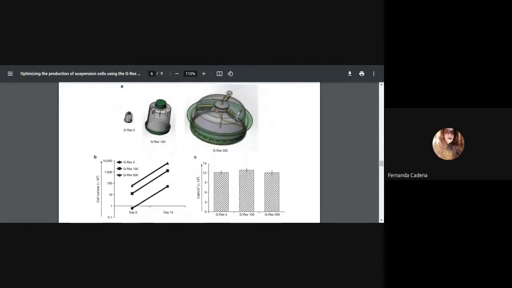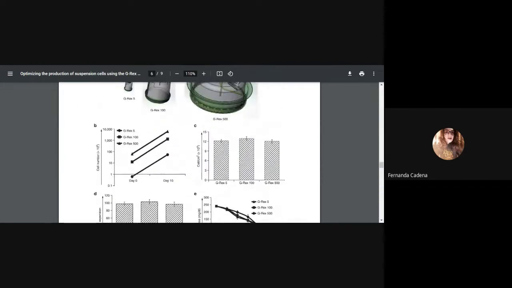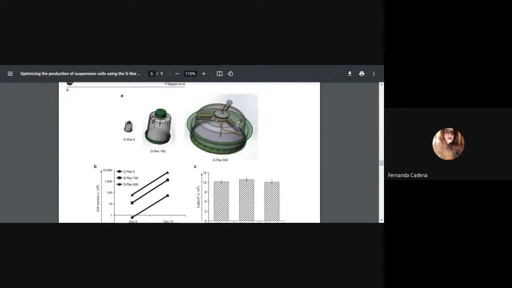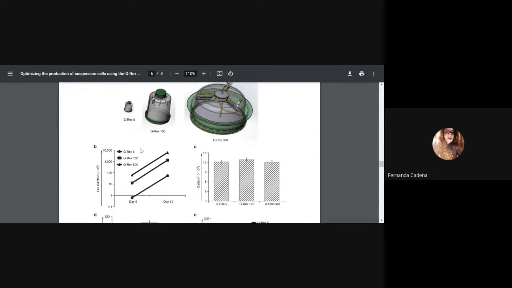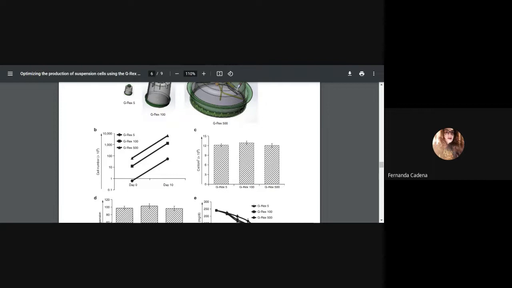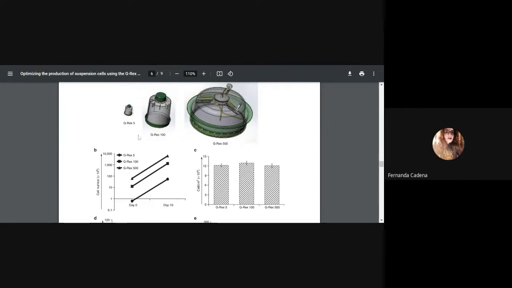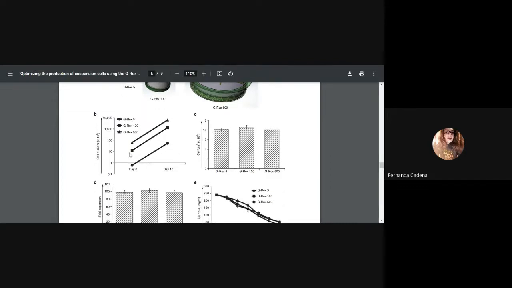And for the last thing, they proved that this machine can be scalable, as they have all the cell numbers expressed per square centimeter. They tried volumes of 5 milliliters, 100 milliliters, and 500 milliliters, and ran different experiments.